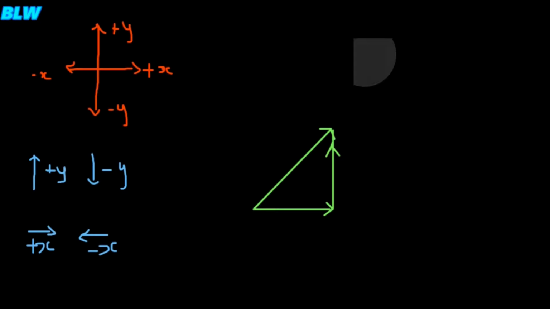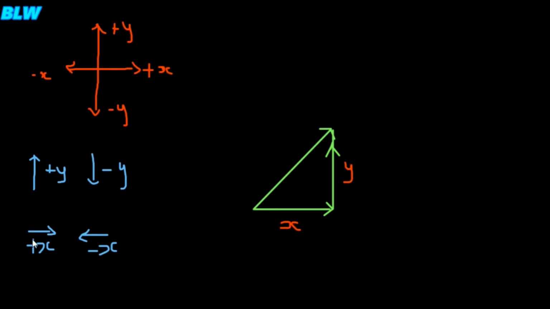Okay, so now let's move on. Since this is horizontal, this will be the x component of this force, and this is the vertical part, so that will be the y component. How will we know whether this component is positive or negative? In order to determine this, let's come to the x part, to this side.